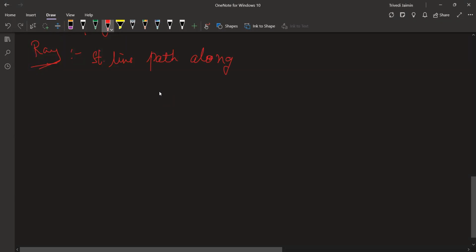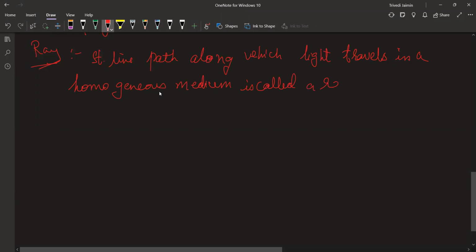Multiple rays make a beam. The path along which light travels in a medium is called a ray.